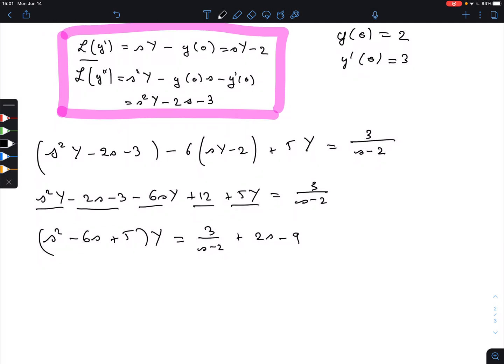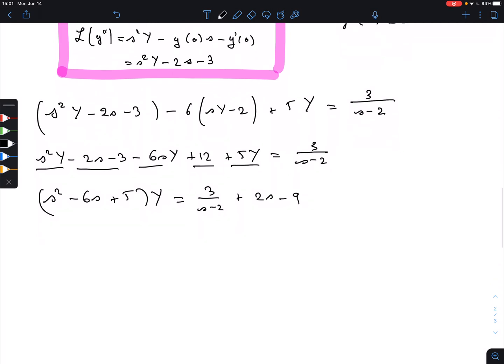Okay, and so we're solving for y. First of all, I'm going to put this on a common denominator: 3 plus 2s minus 9 times s minus 2, over s minus 2. Now, normally we expand this, but for what we're going to do, it's not necessary. Let's avoid extra work, and in fact it will make life a little easier if we don't. This is one of the few cases where we don't.